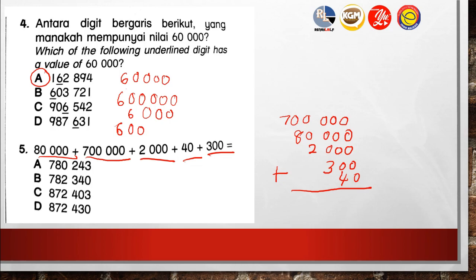We add everything: 4, 3, 2, 8. So the answer is 782,340. This is the answer for number 5.